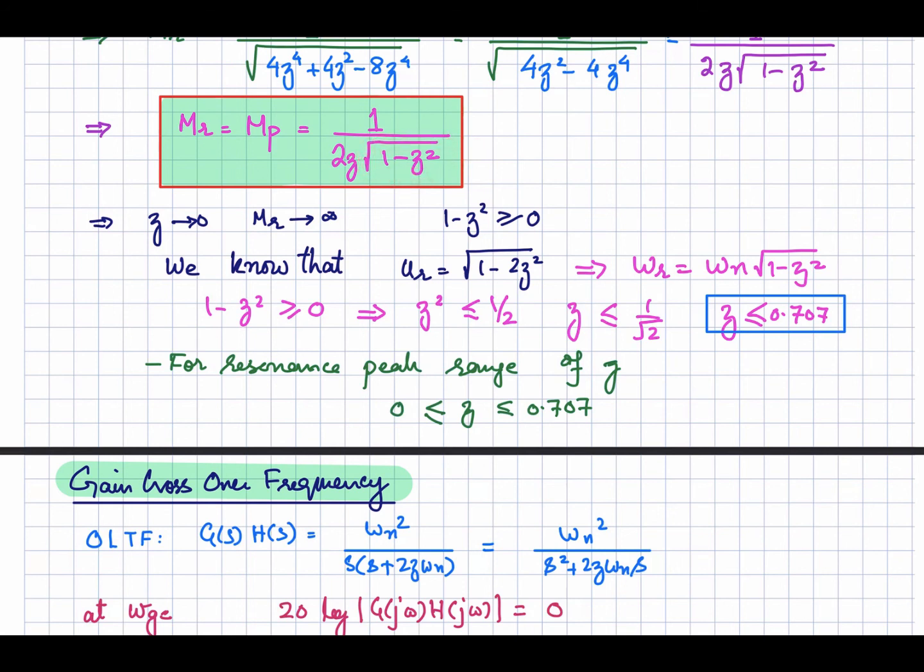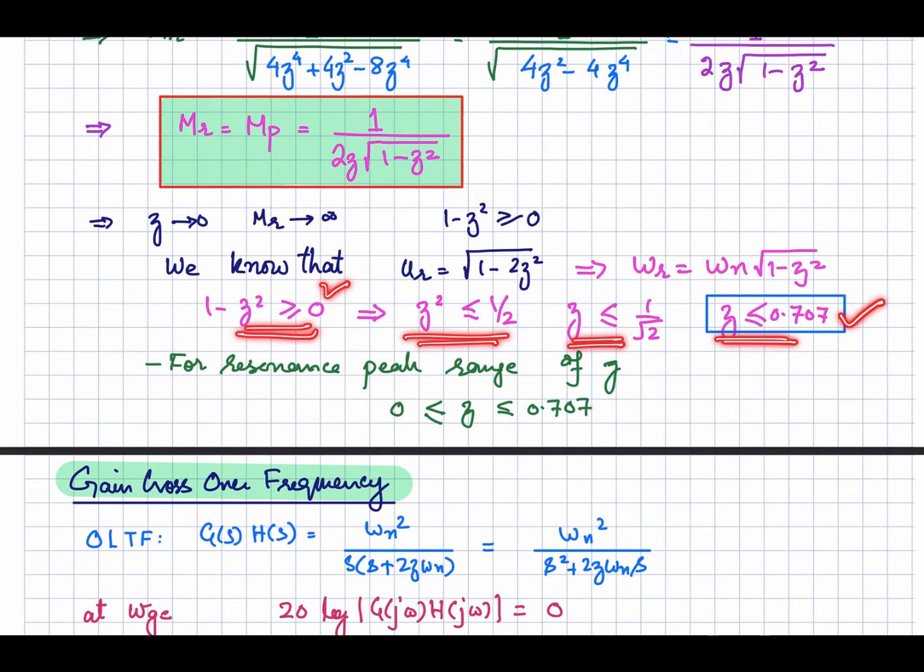If it is less than 0, this will become a complex number. So in order to have the real magnitude, 1 minus zeta square should be greater than 0 at least. Applying this condition, from here you can write zeta square should be less than 1 by 2, and zeta should be less than 1 by under root 2. So zeta should be less than 0.707.